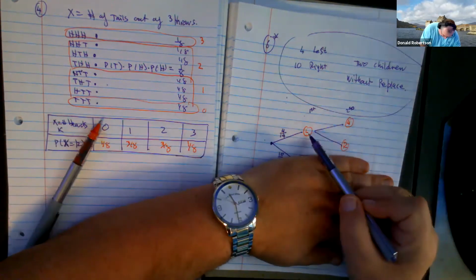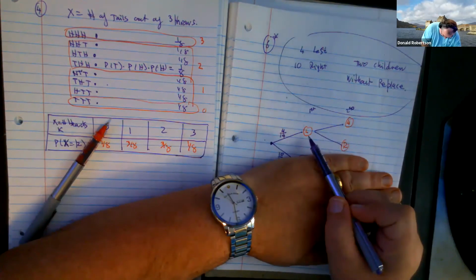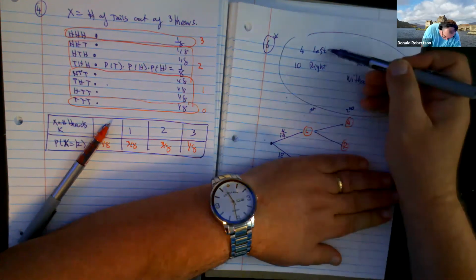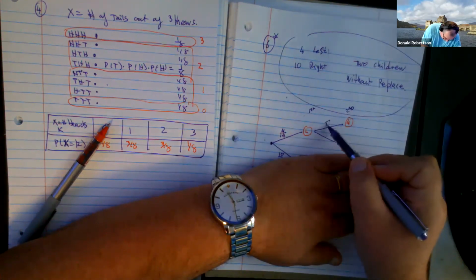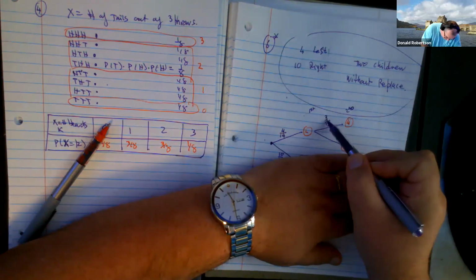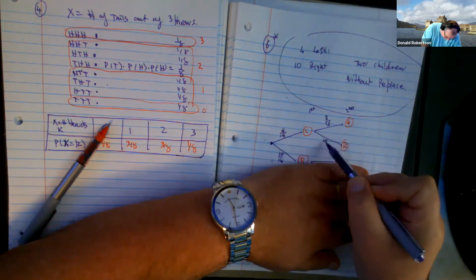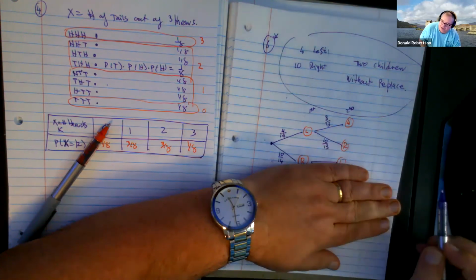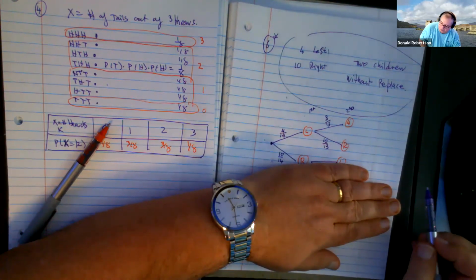The first child you picked was left-handed, right? That means the world now only has 13 kids to pick from. And since you've used up one of the left-handed, it's 3 out of 13 and 10 out of 13. Are you happy with the change in the fraction because of the without replacement?